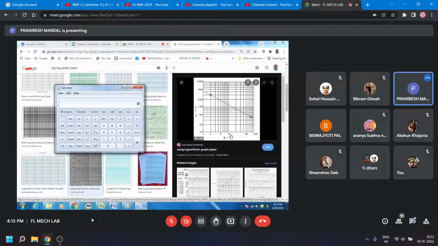What is in between? What is the value of log 2? 0.3010. Exactly, 0.301. So what is the value of log 2 minus log 1? That will be the same, 0.301. Yes or no? Yes, sir.